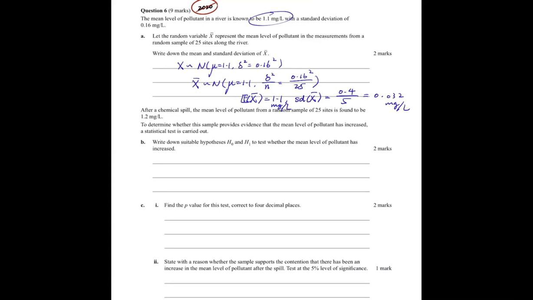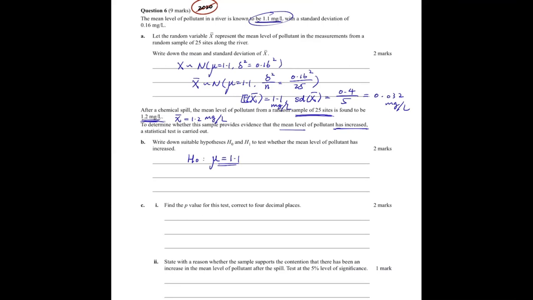Okay, sample of 25 cities. The actual mean is 1.2 milligrams per liter. The mean level has increased, so we are actually looking at H0: mu equals 1.1. Okay, we are comparing this one with the original one.